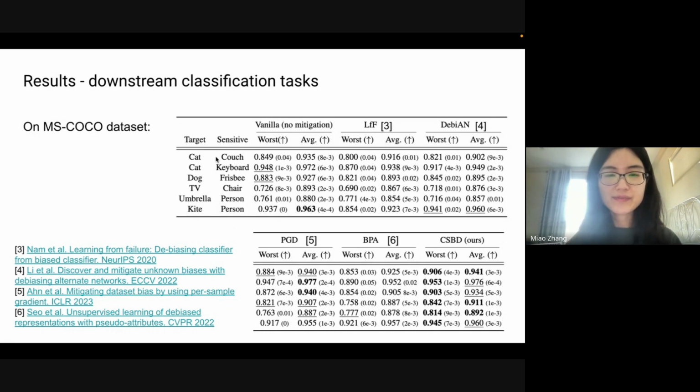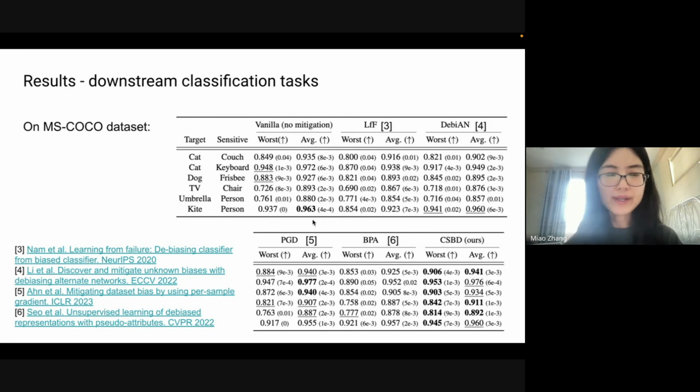And yes, we find that if the model recognizes a cat, for example, the model's accuracy is influenced by the couch or keyboard. Similarly, the recognition of an umbrella is influenced by the person's appearance. You can notice a big gap between the worst performance and the average performance.